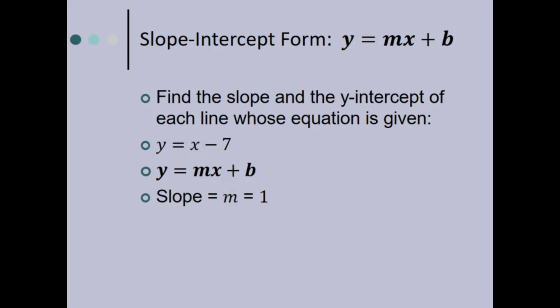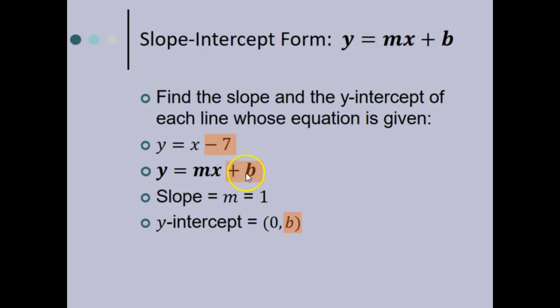To find the y-intercept, which has the coordinate 0, b, the point where the graph crosses the y-axis, we'll look for that component of the slope-intercept form. And we have a sign difference here.